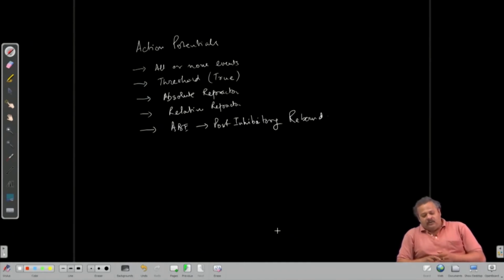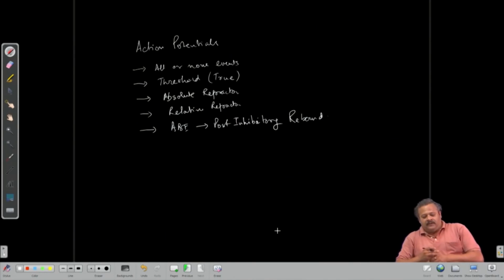This also plays a role in coding, let us say, stimulus offsets, where a stimulus turning off can be signaled with this post inhibitory rebound.